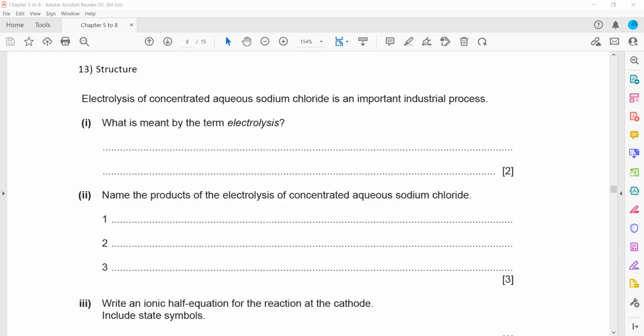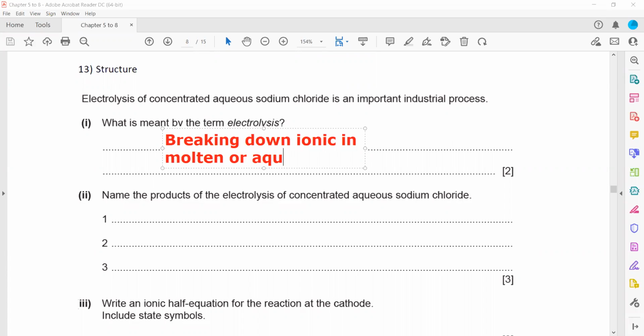You have to mention ionic compound, because ionic compound can conduct electricity in molten or aqueous state, by passing electricity or current through it.